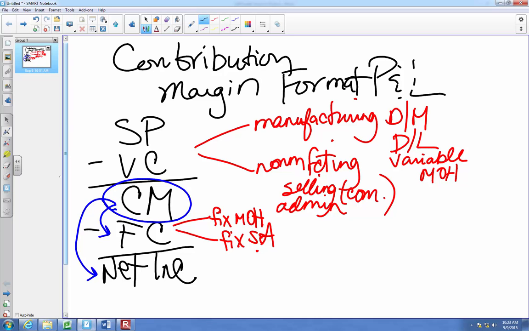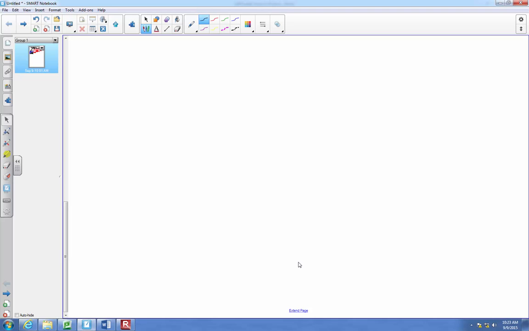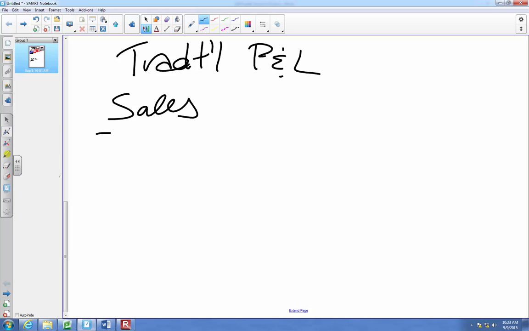Okay, so, and then should we just really quickly review what a traditional format statement looks like? So a traditional P&L, anybody? Sales minus COGS gives you gross profit or gross margin, certainly can call it either.